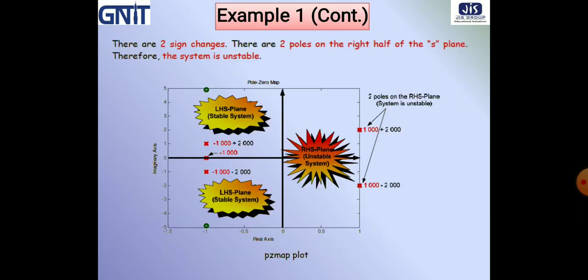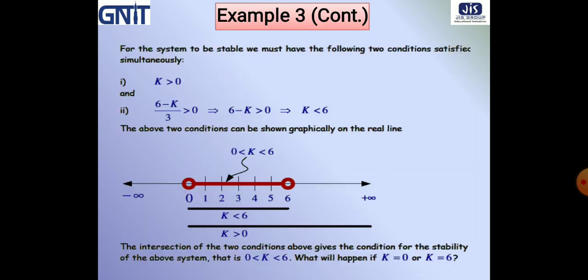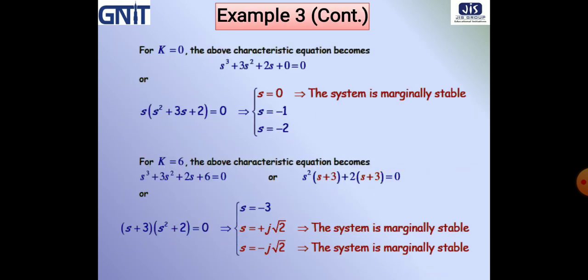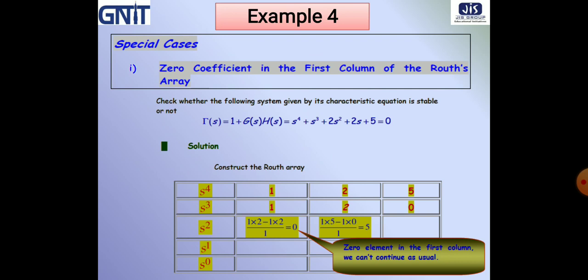And there are some special cases. If any element of the first column becomes 0, then we have to substitute the 0 by epsilon, where epsilon tends to 0. That means epsilon is very close to 0 but not 0.